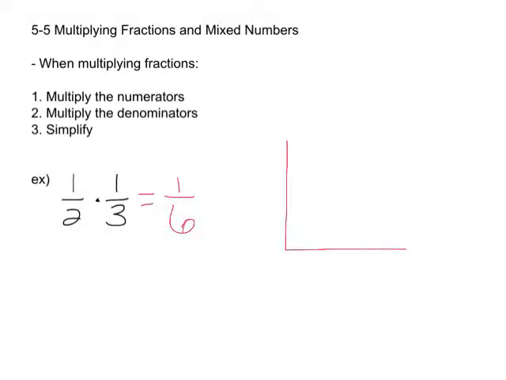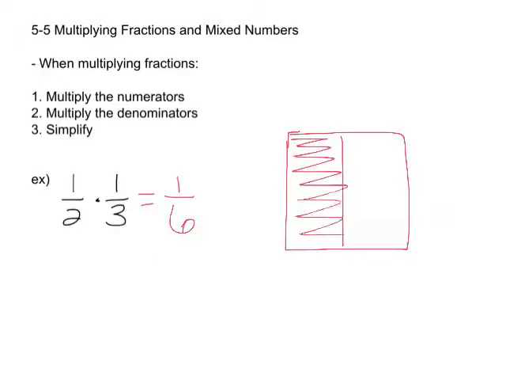If I draw a picture, kind of an area model of what this would represent, 1/2 would be right here. And then if I took blue and represented 1/3, I would shade in 1/3 in blue of what my model would be. Then I look at where those two colors overlap, and they overlap right here.